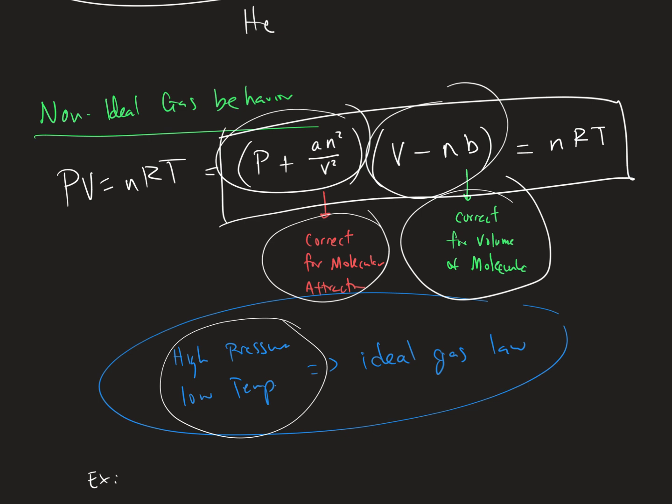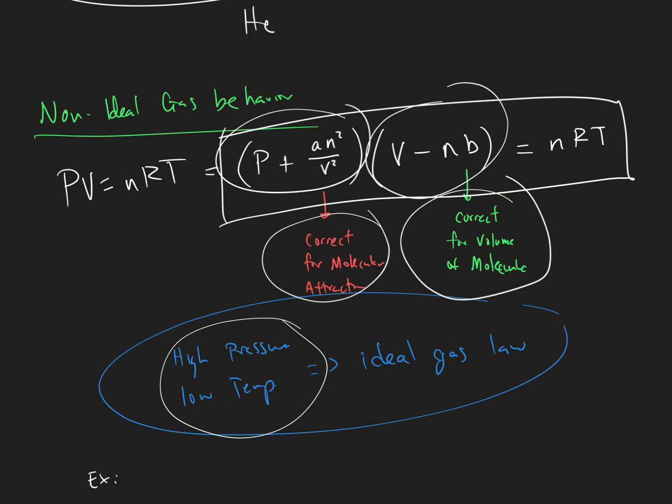The first and second letter of the alphabet. No, I'm just kidding. It's just a constant to help us account for that correction. And how we got this, I'm not even going to go there.